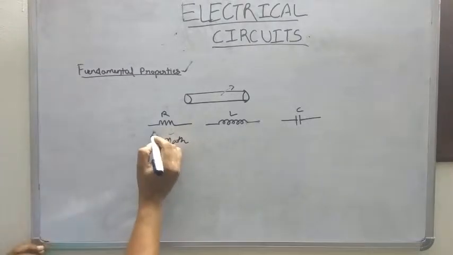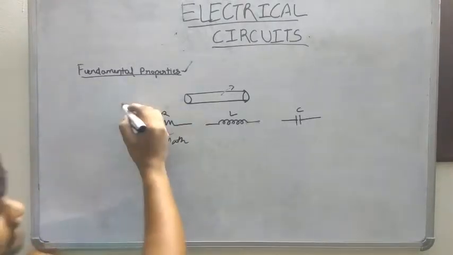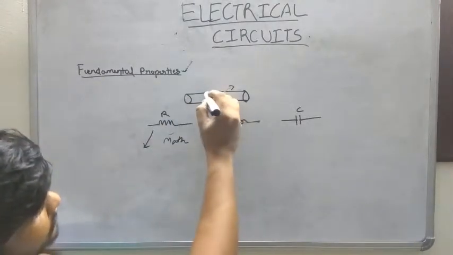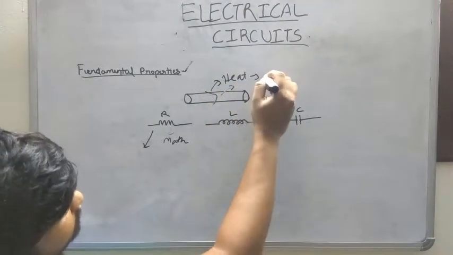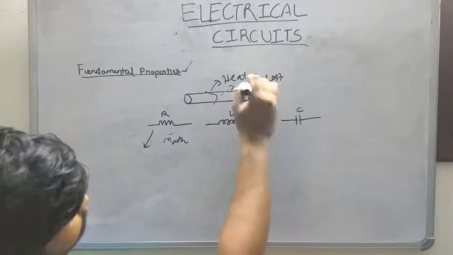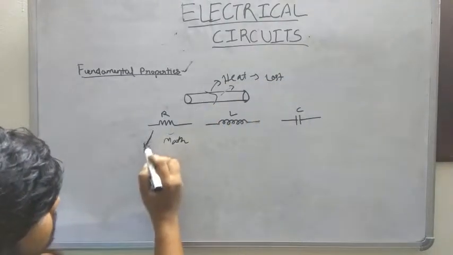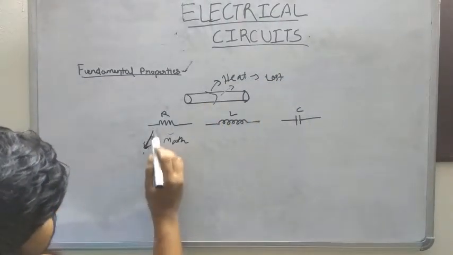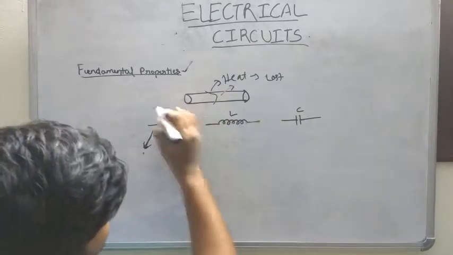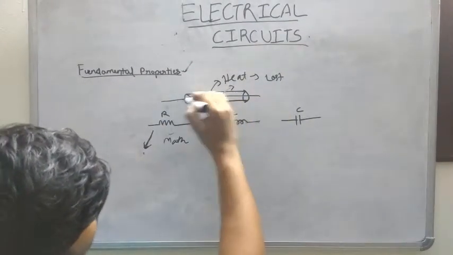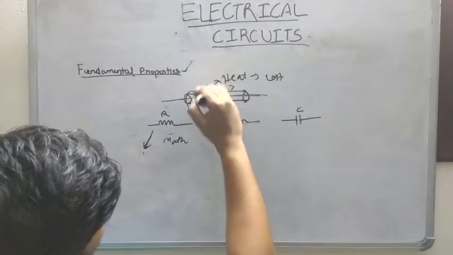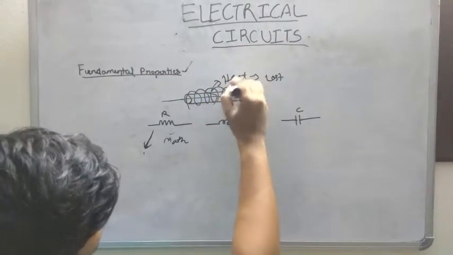Now coming to resistance, when the current flows through the electrical material, it will dissipate some heat, and through this heat, some amount of energy is lost. This property of the substance is generally what is called resistance. And when it comes to inductance, the same: whenever a current passes through the material, some magnetic flux exists around the conductor.